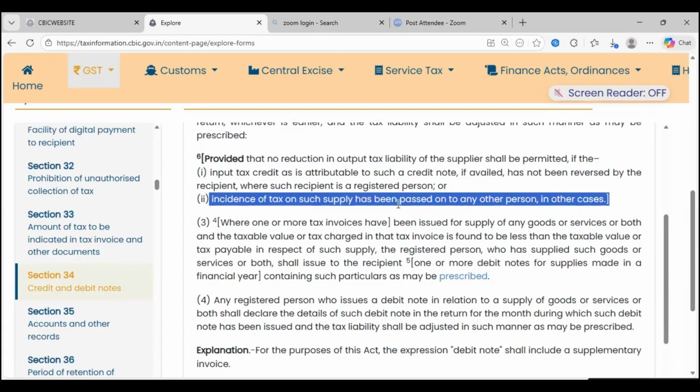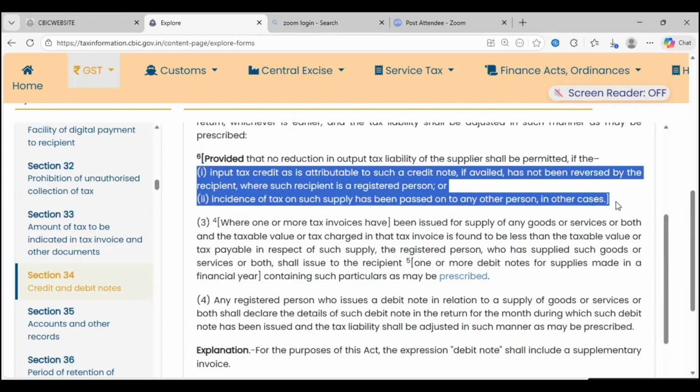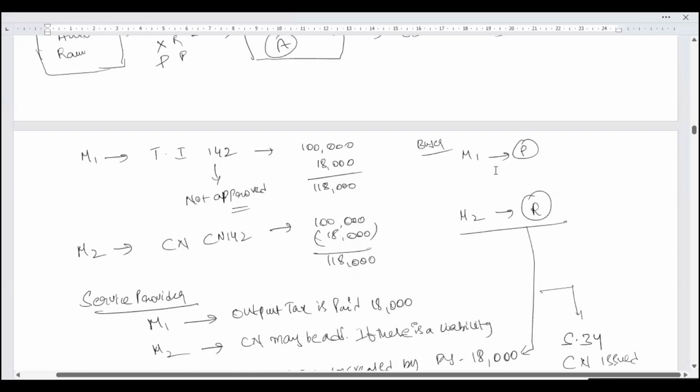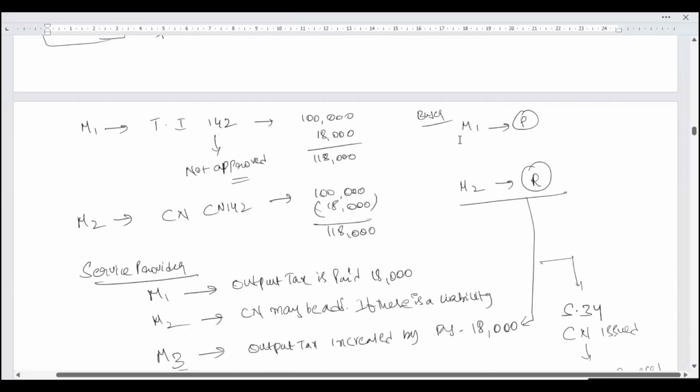So here they say that with respect to your credit note, point number 1, ITC attributable to such credit note, if availed, has not been reversed by the recipient, where such recipient is a registered person. So in our example, when we go back, in month 1, I gave an invoice.